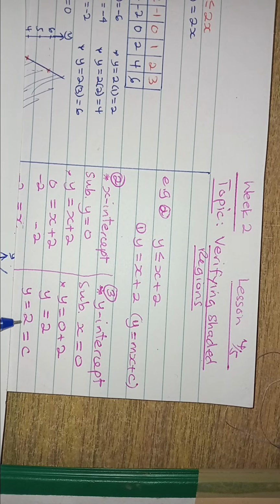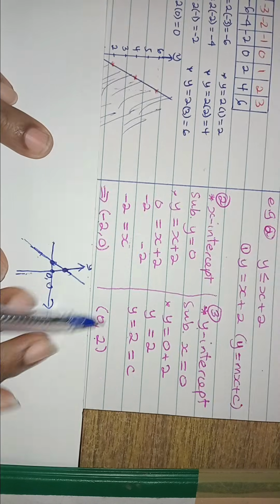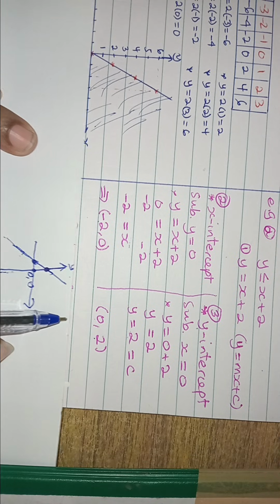So the coordinates of the y-intercept are x equals 0 and y equals 2. These 2 points are enough to help us plot our straight line graph.